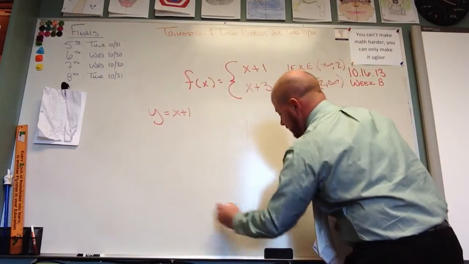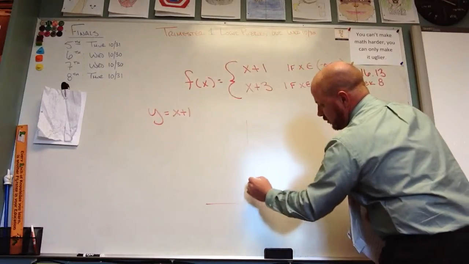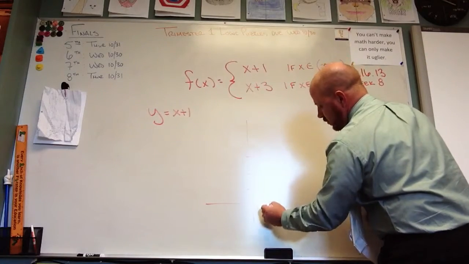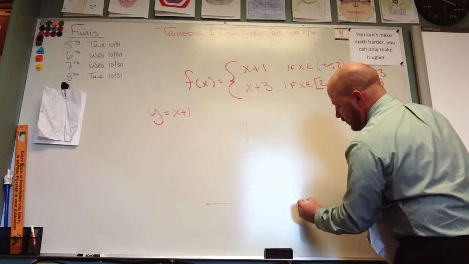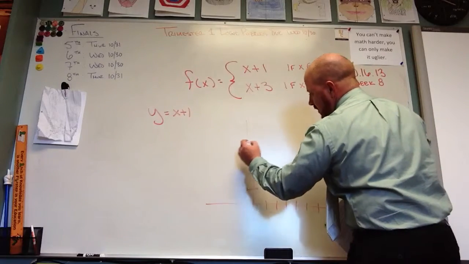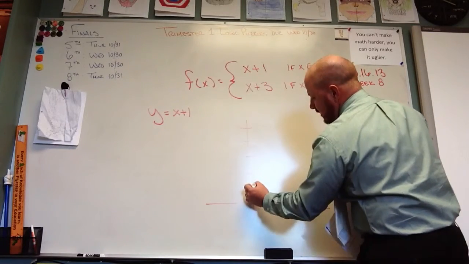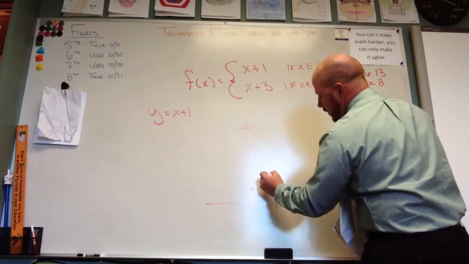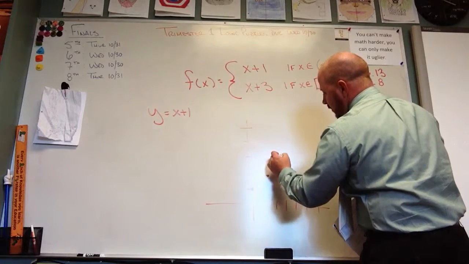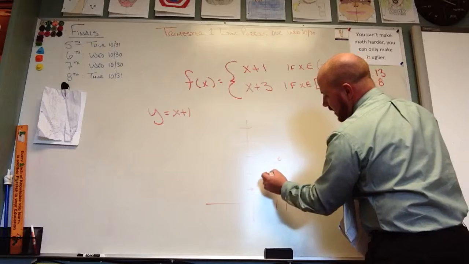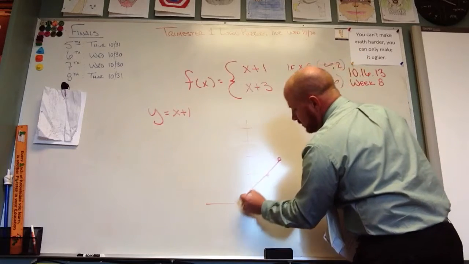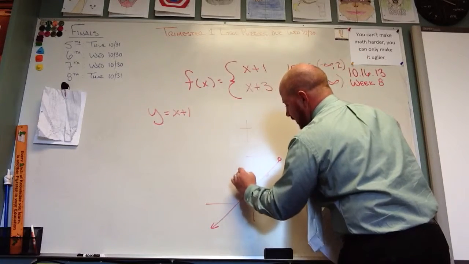And in fact, I'll use a little more quadrant 1. So 1, 2, 3, 1, 2, 3, 4, 5, 6. In fact, 4 and 5. Okay, so we had this one, then we went up 1 over 1, and up 1, and we had the open dot here, and then here is that line that we just had. Okay?